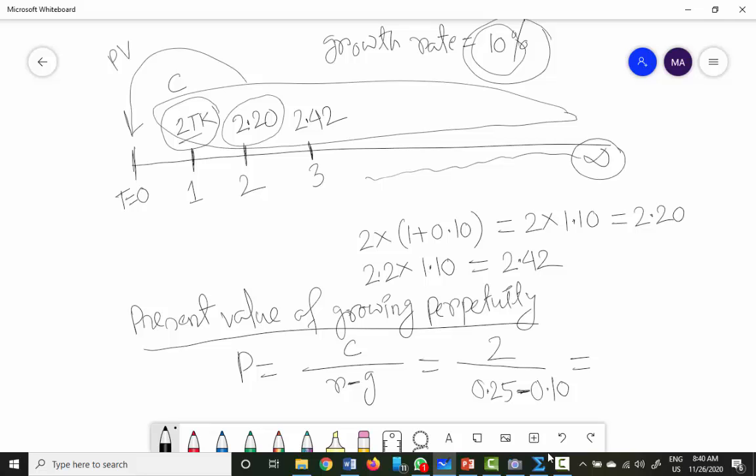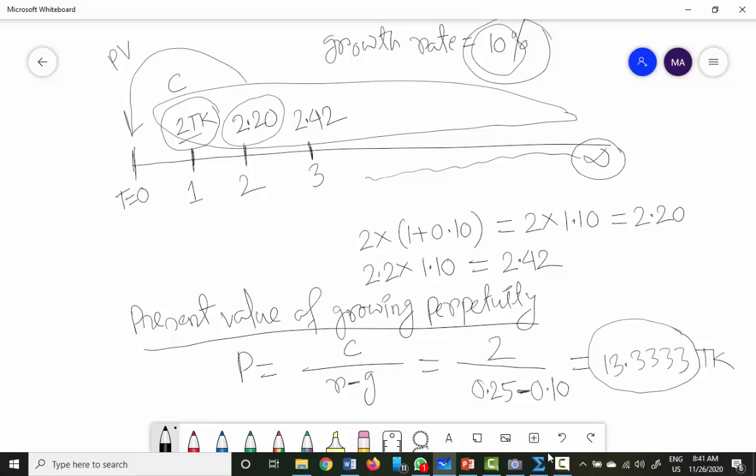So 2 divided by 0.15, in that case we should get 13.3333 taka. So this has to be the fair price of the share.